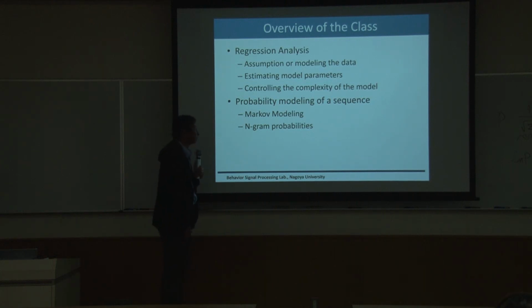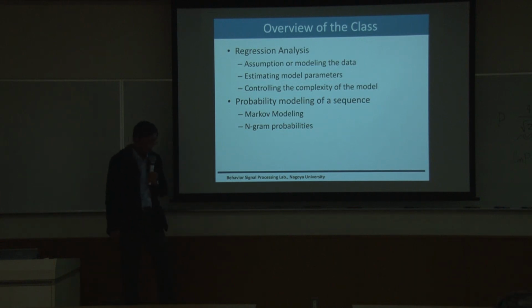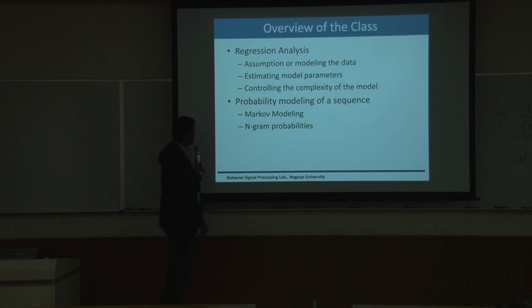And then I mentioned controlling the complexity of the model by changing the order of the regression or by adding the regularization term. And then I shifted to the second topic, which was the probability modeling of a sequence in Markovian modeling and also n-gram probabilities.